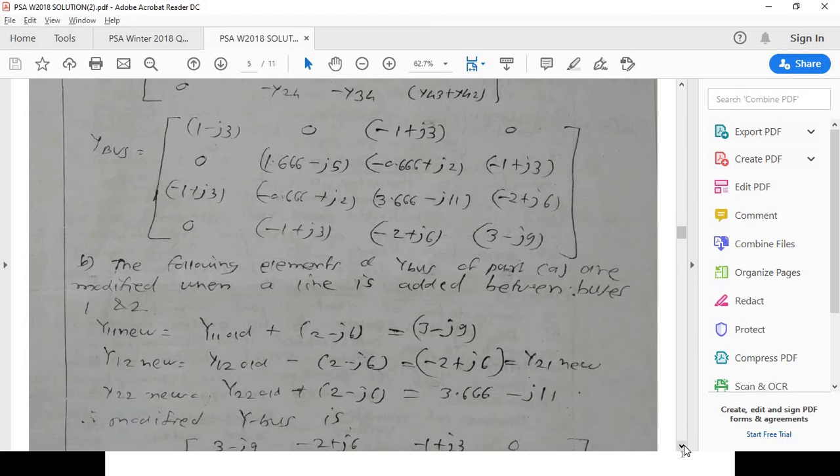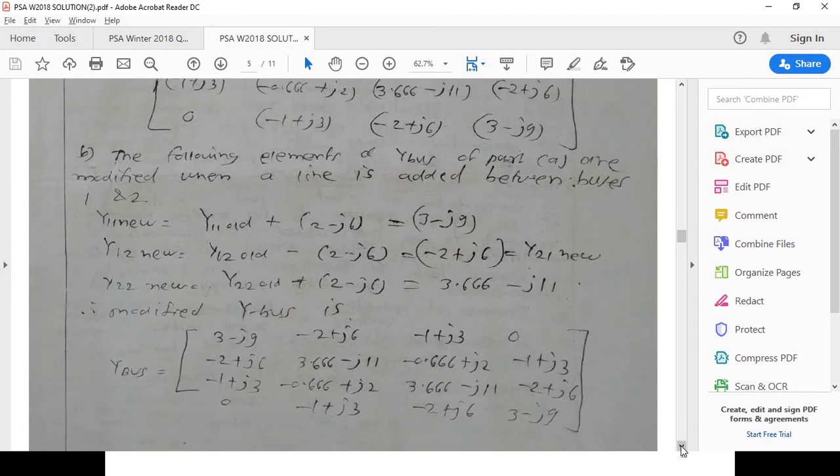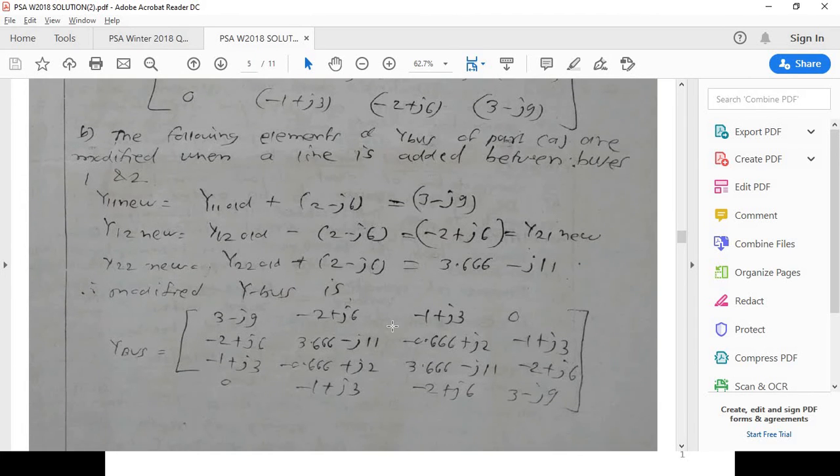So in this modified Y bus, the values of these parameters will be changed and we get this new Y bus matrix. These are the modifications when the line shown dotted is connected. Of course, you have to practice more numericals to get confidence on the syllabus of formation of Y bus matrix.